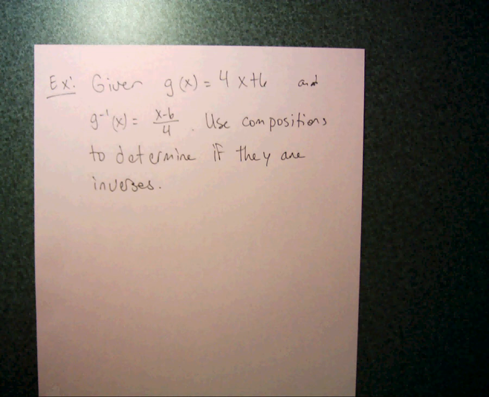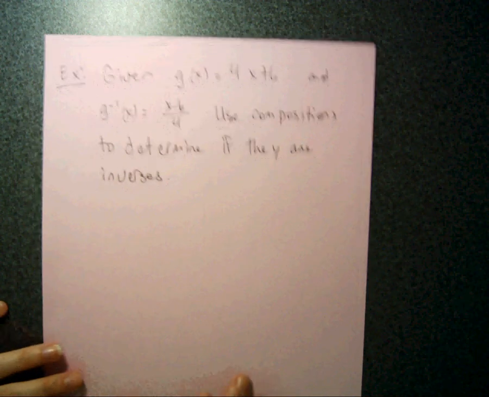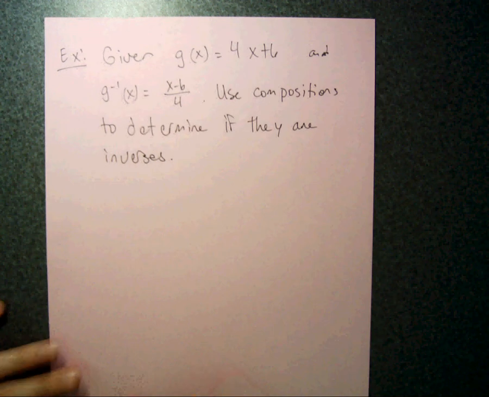So I'm going to compose them. I'm going to do it both ways. I'm going to do g with g inverse and then g inverse with g. And if I get x both ways, then I know they are inverses.